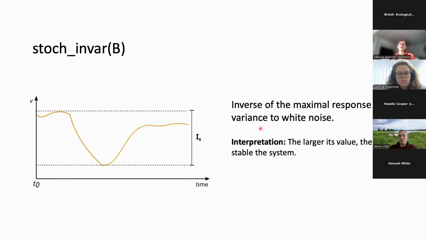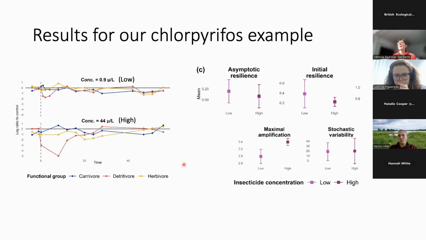And finally, our last Jacobian metric is stochastic invariability, which is the inverse of the maximal response variance to white noise. So here we measure the response to white noise and not to pulse disturbance, as with the 4 previous metrics. And again, the larger the value, the more stable the system. This is a kind of analog of invariability that Ludmila presented in the set of functional stability metrics.